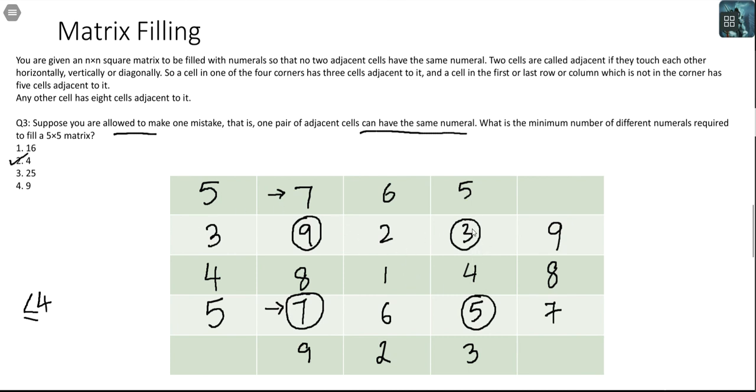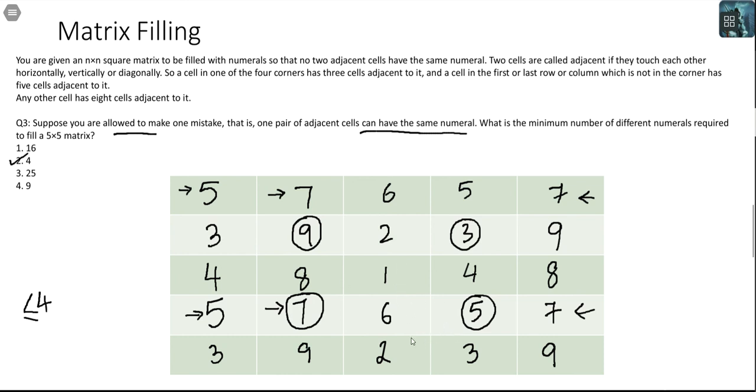You have 1, 2, 3, 4, 7 is not present, so you put up 7. If you notice, this is also a jump of 3 that you can see here, pattern wise. So what you can do is 9 will jump to here. Around 5, the only digit missing is 9. Fill it up. Around 7, the only digit missing is 3. Fill it up. We have been able to fill up the entire 5 by 5 matrix.